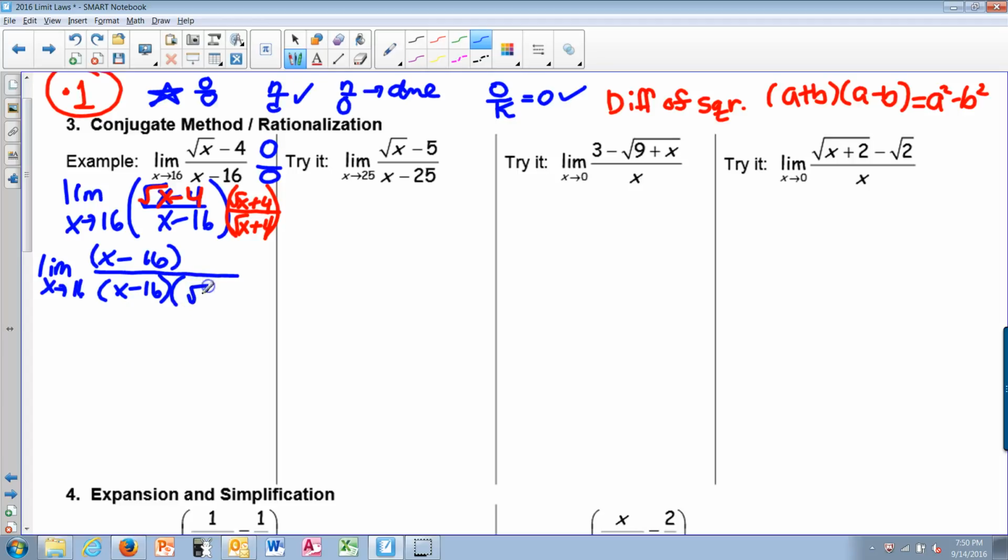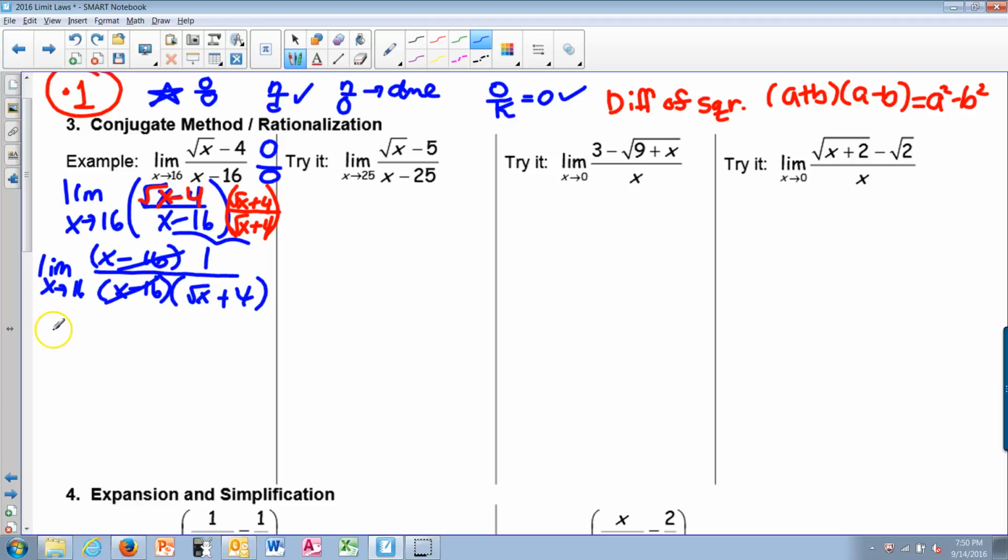We never put him with the non-friend. So I only put the conjugate pair together. The other part remains unsimplified. That means that we could cancel, and that means the numerator, x minus 16 divided by x minus 16 is 1. Be careful that you don't somehow magically levitate the denominator to the top because he's still on the bottom.